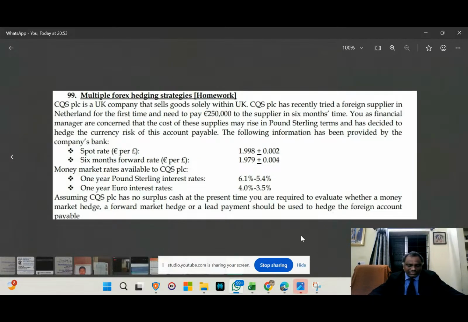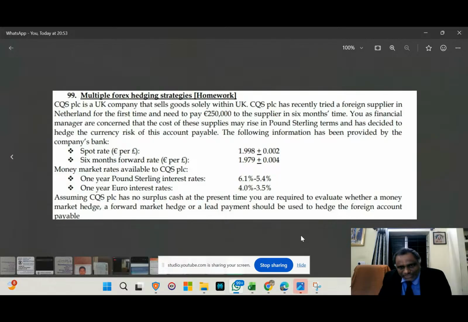Friends, you understand this thing. I would like to tell you: spot rate 1.998 plus or minus 0.002. 6 months forward rate, euro per pound, 1.979 plus or minus 0.004.